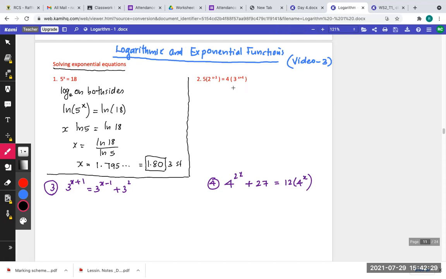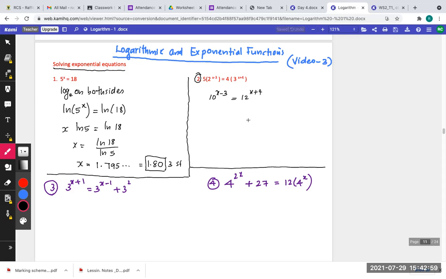Well, the second type of question, the difference here is that you can see a 5. This is question number 2: 5 times 2 to the power x minus 3 equals 4 times 3 to the power x plus 4. The common mistake is that many people tend to multiply the 5 and 2 and write it as 10 to the power x minus 3, and the same here, 12 to the power x plus 4.